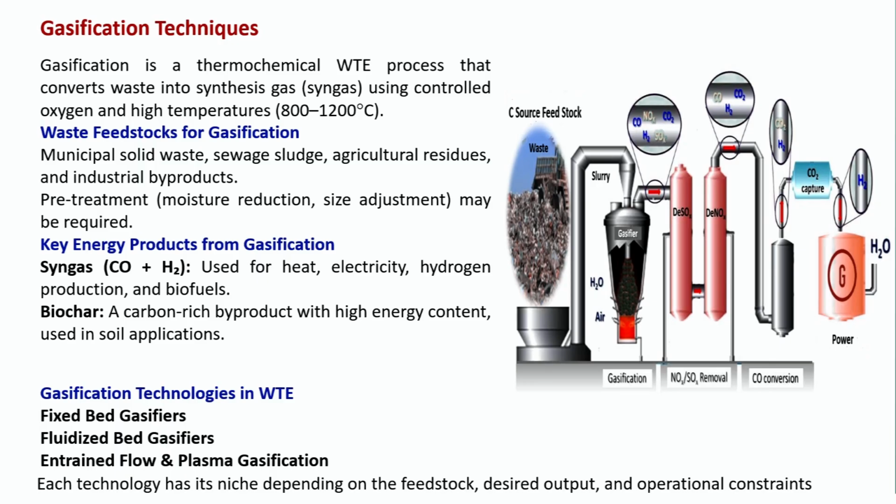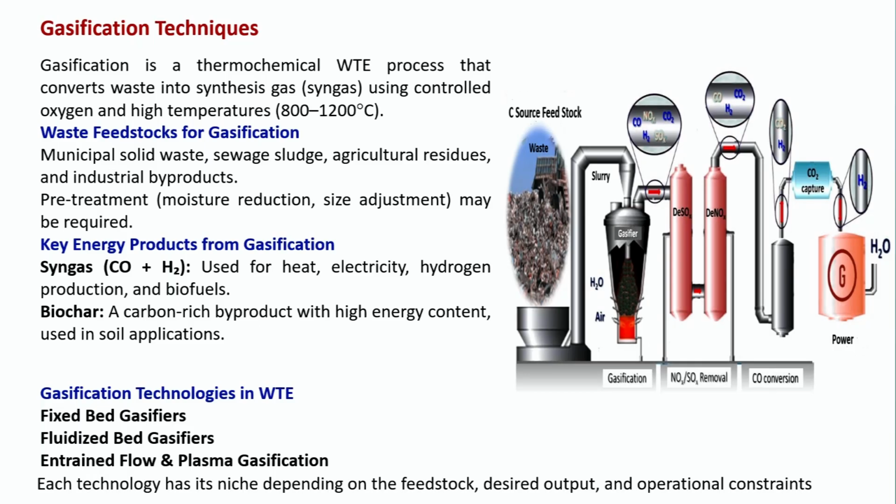At the same time, the size is going to enhance its efficiency for producing syngas. So size adjustment, the porosity of the material as well as the size fractions are very important and may be required.